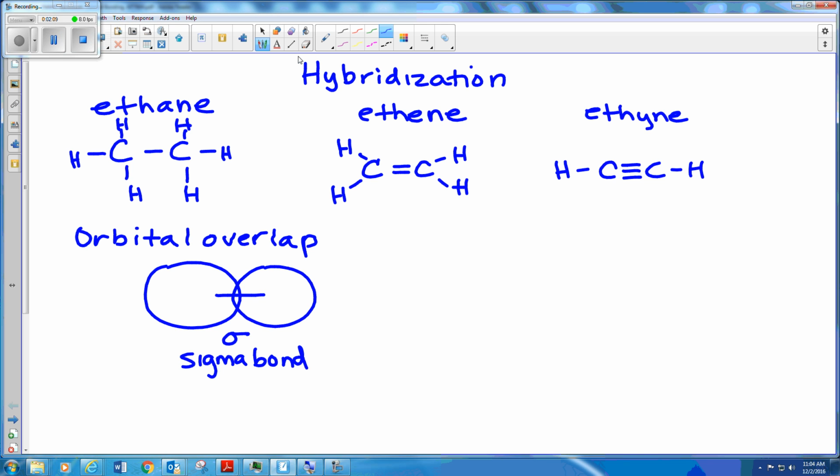When 2 s, or spherically shaped, orbitals overlap each other, they form what we call a sigma bond. It's the result of 2 orbitals with end-to-end overlap.